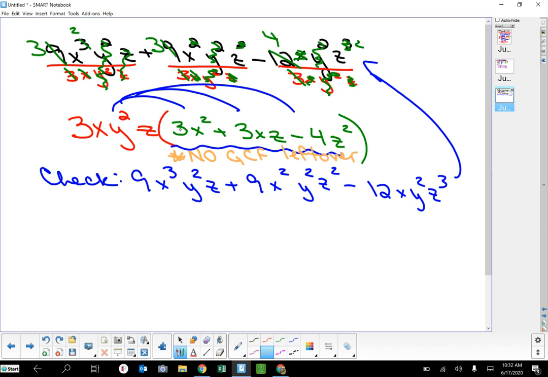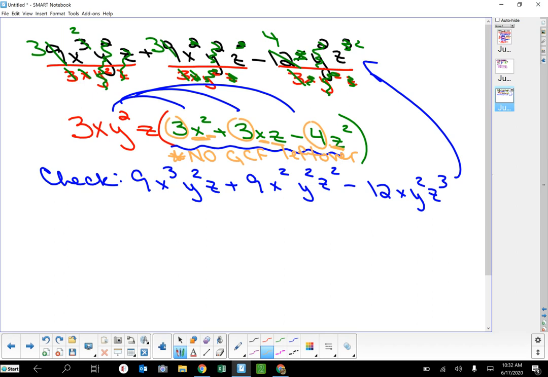Like if you had a 6 and an 8, you could still take another 2 out, right? So you need to make sure that you're taking out the largest thing and that you have no GCF left over in here. So in the first term, looking at variables, you have an x squared, an x, and no x. So that's great. There's no y squareds anywhere. And you have no z, a z, and a z squared. So they don't have any GCF common.